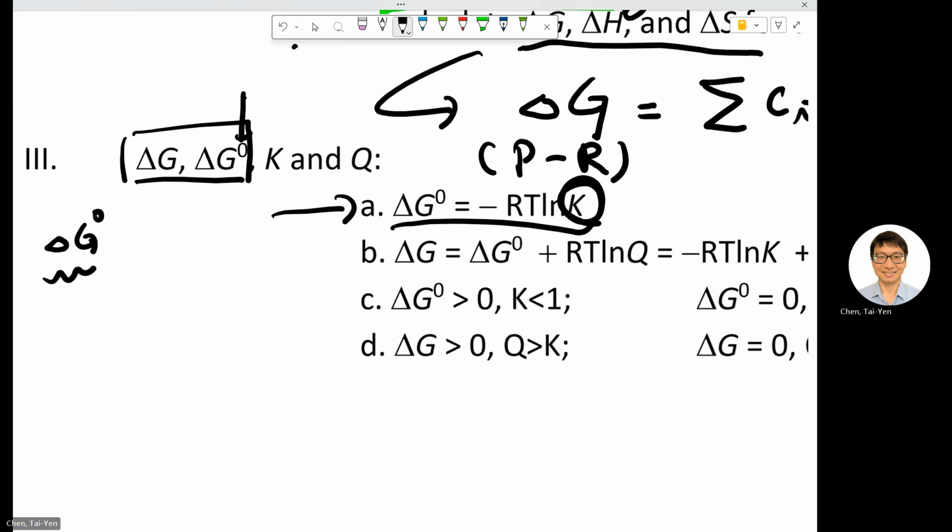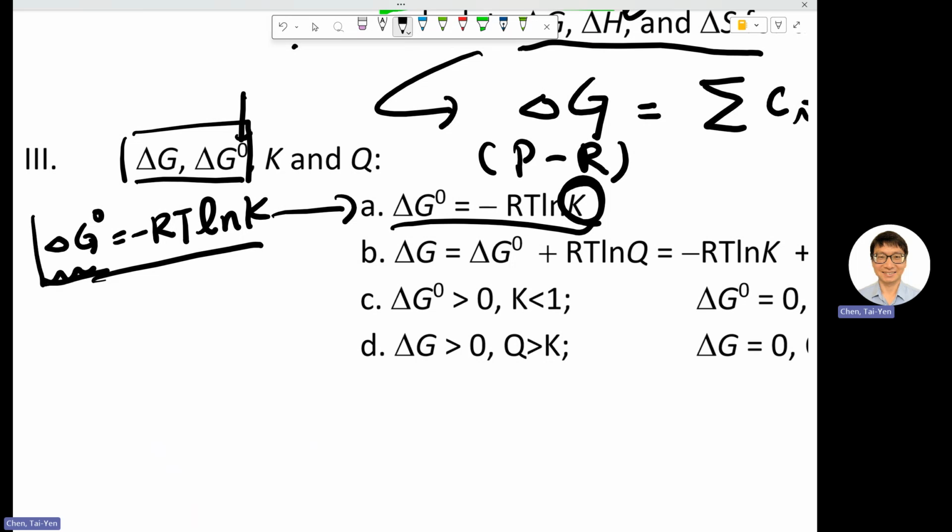And then they realized this one can be correlated with the equilibrium constant K, multiplied by a constant R and the temperature T. So delta G naught is directly related to your equilibrium constant K, of course with a prefactor R and T. So that's actually how scientists ended up with it.